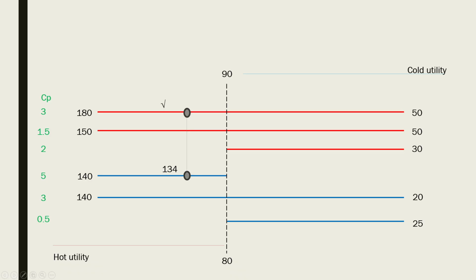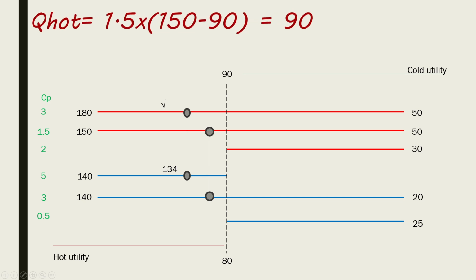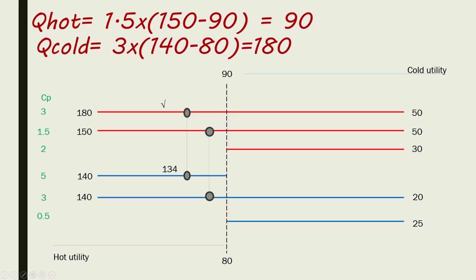Now let's pick the second hot stream and the second cold stream. Then we calculate the Q cold and the Q hot. The Q hot is going to be 1.5 multiplied by 150 minus 90, which gives us 90 kilowatt. And the Q cold is going to be 3 multiplied by 140 minus 80, which gives us 180 kilowatts.